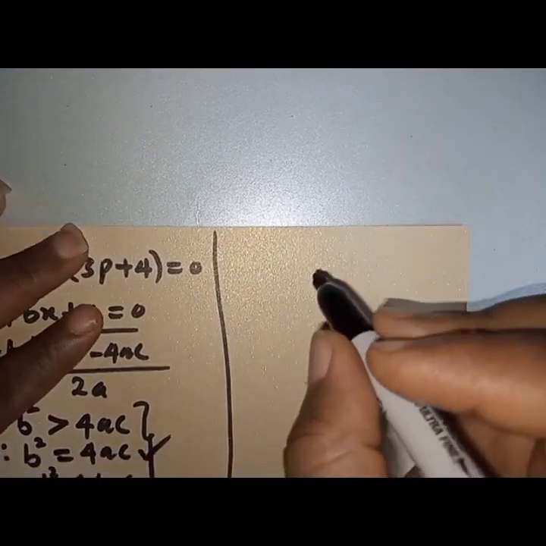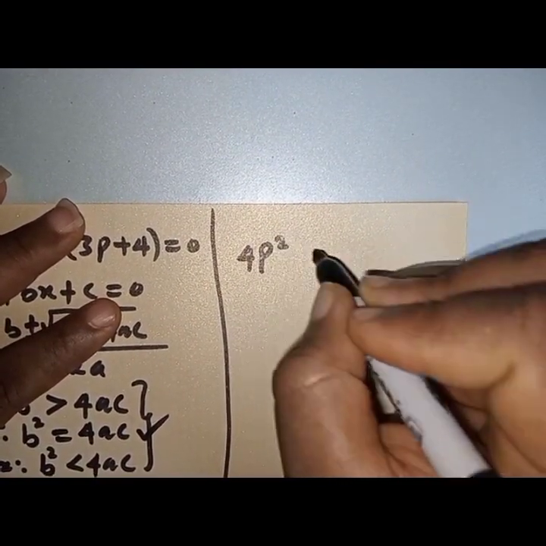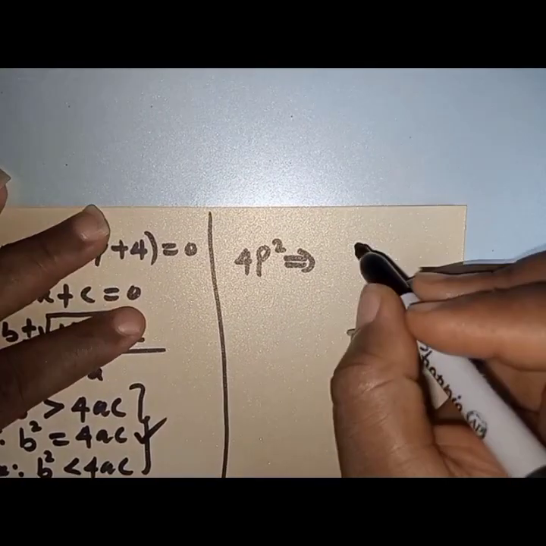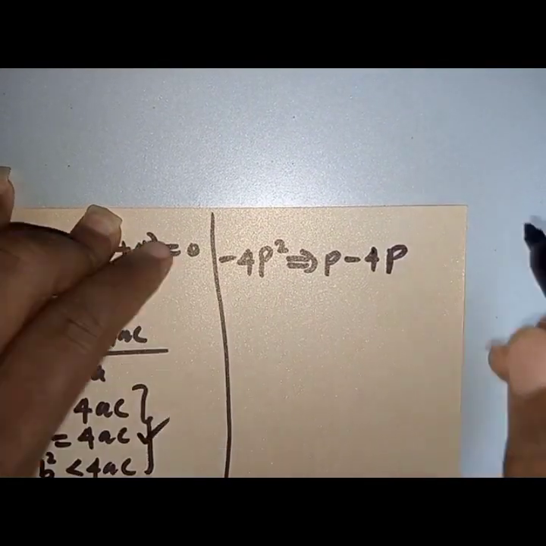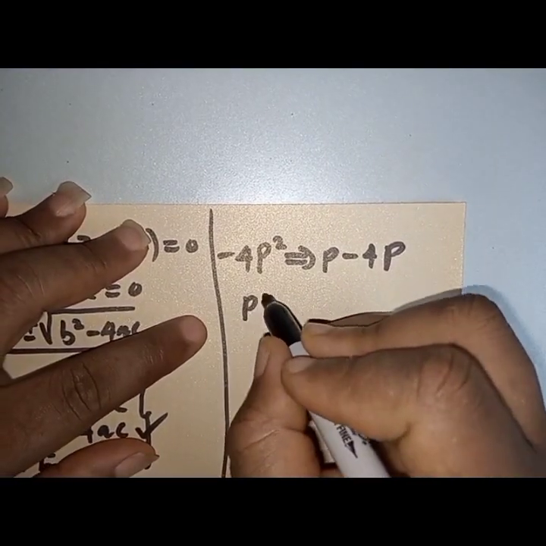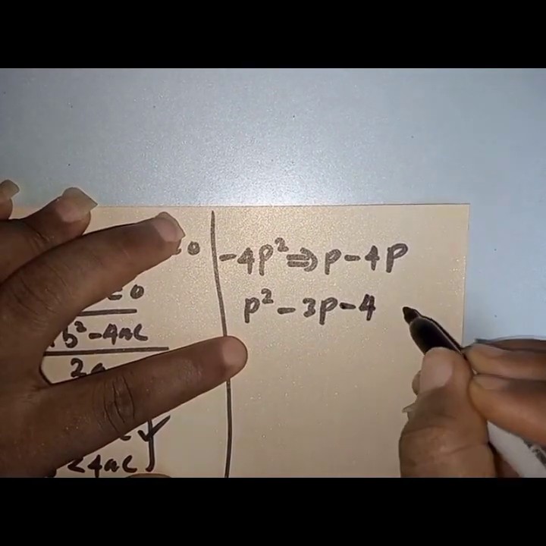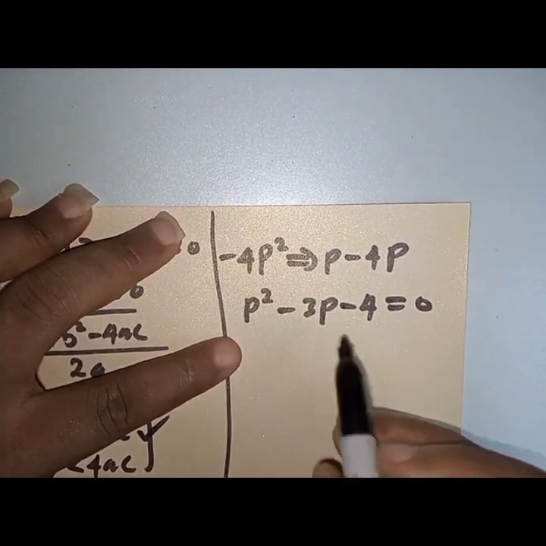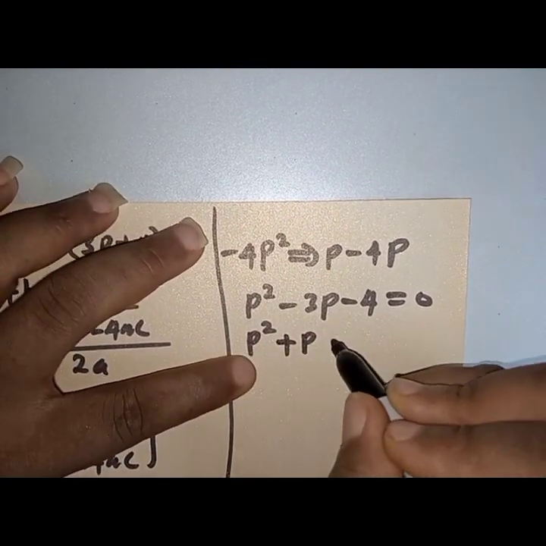I'm going to throw it into the main function, which is p squared minus 3p minus 4 equal to 0. So we have p squared plus p minus 4p minus 4.